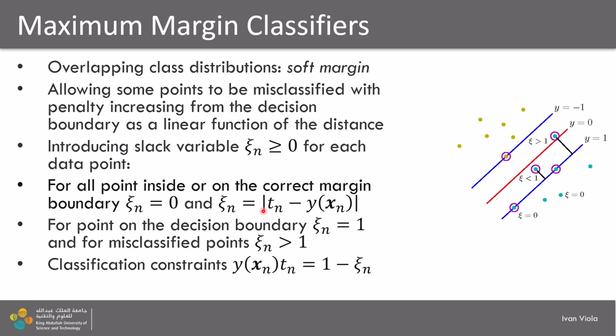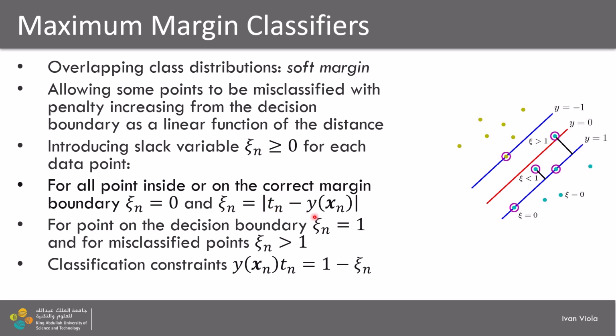And y(xn) will be for our line. If the point is on the line, this term will be 0, and therefore we will have ξn equal to 1.